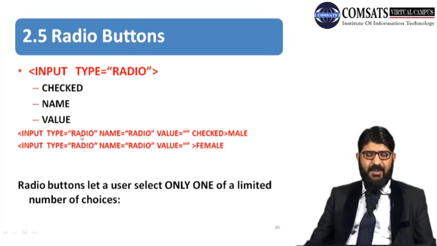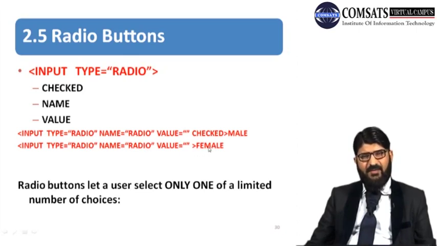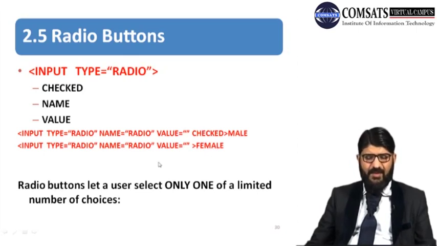So input type equals radio, name radio, value is checked, and it will display as male. Male will be the label, and then input type radio, name is radio, and value is not, and then female is the label, but it is not checked.